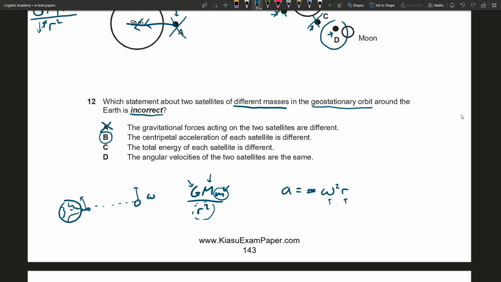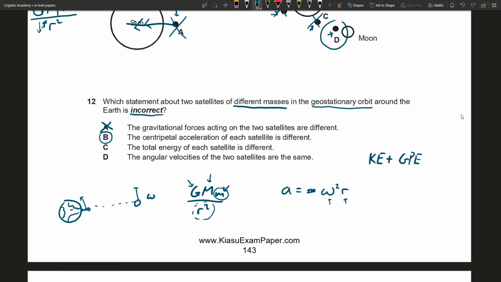But just for completeness, let's look at options C and D. So C, the total energy of each satellite is different. Well, the total energy of each satellite is given by the KE of the satellite plus the gravitational potential energy.